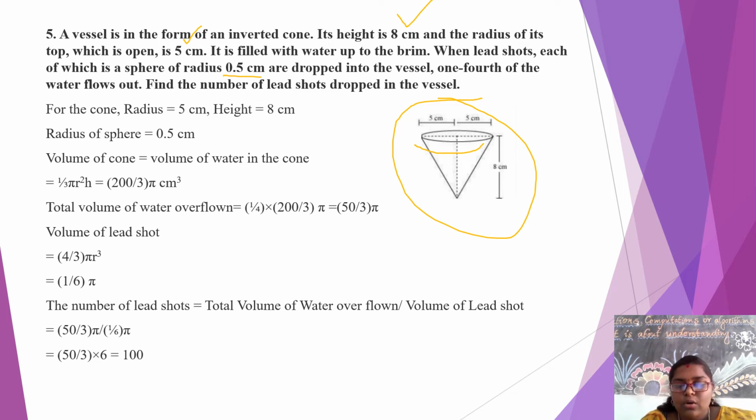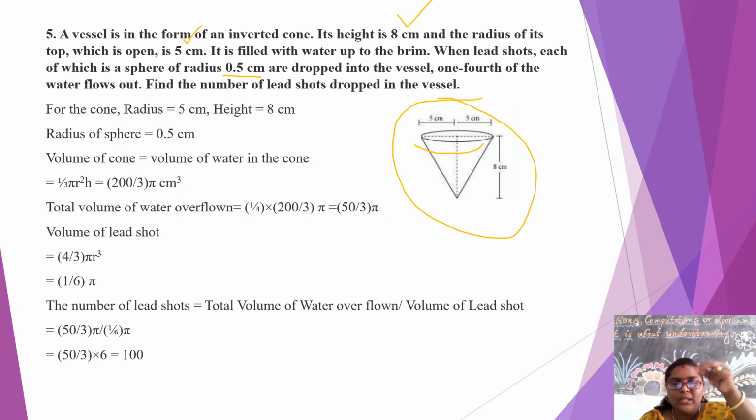Nothing, don't confuse with lead shots and all. You are having a glass in the shape of a cone. In that you are having some juice or water, whatever liquid it may be. In that you are going to drop some stones. The stone radius they have given.